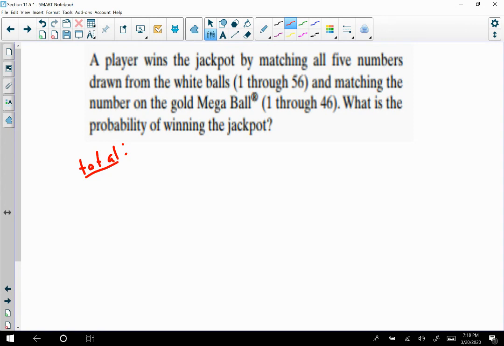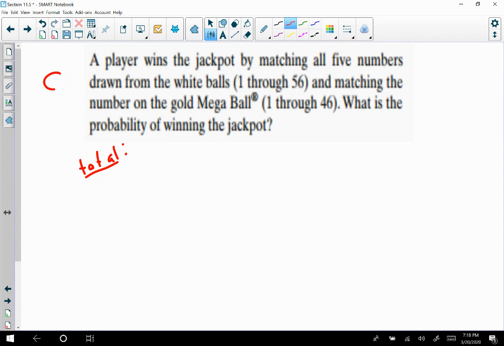Like if you're looking to get a 4 of a kind, as long as you get those 4 cards, it doesn't matter when they're drawn to you. It's the same situation here. Since it doesn't matter how you pick your numbers, as long as you get the 5 numbers, you win. This is a combination, so in order to find the total, we're going to run combinations.